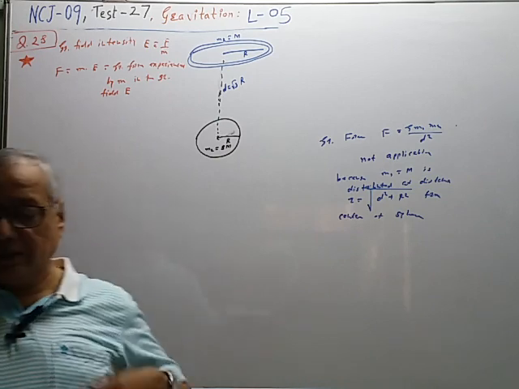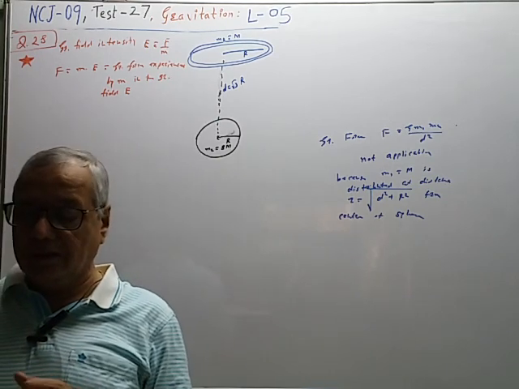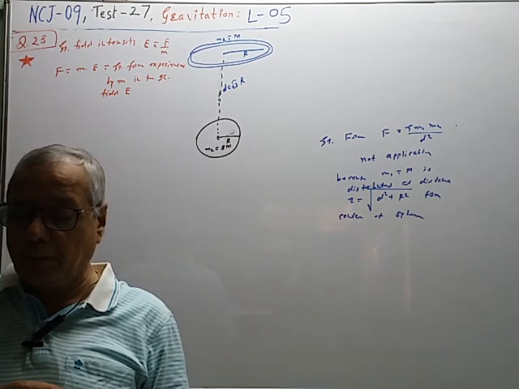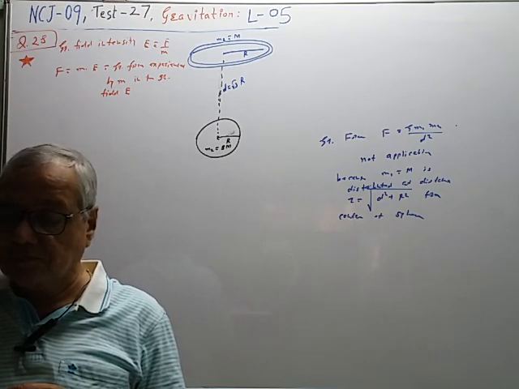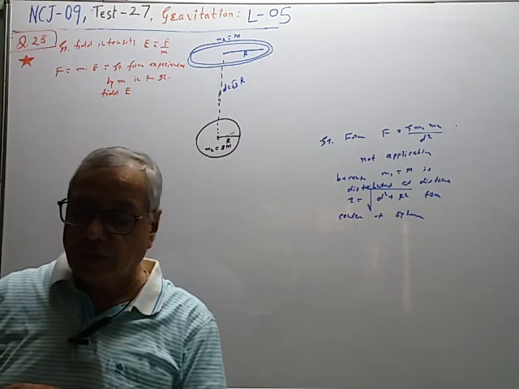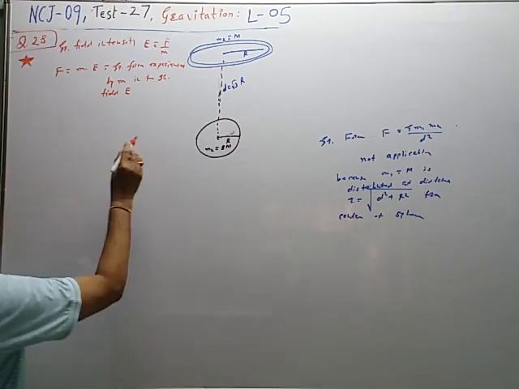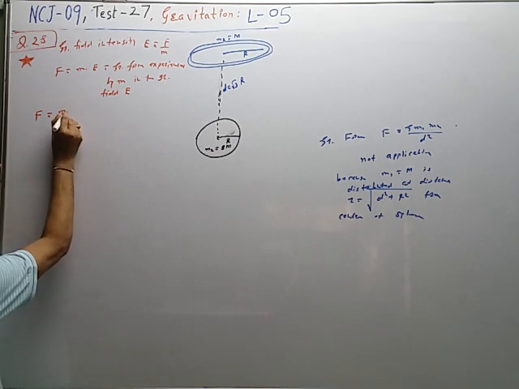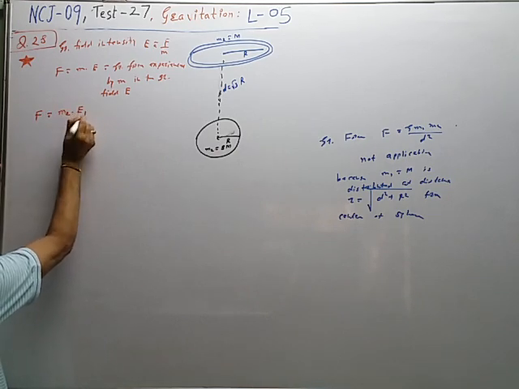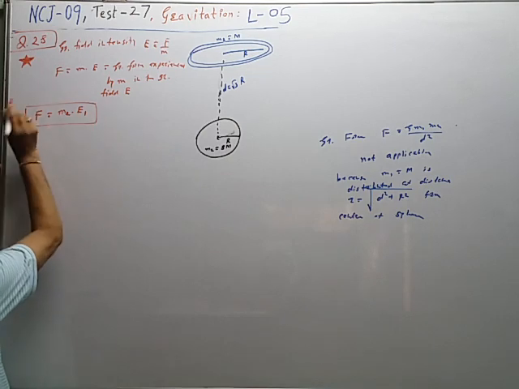So if we use the electric field produced by the ring, then this is given by F is equal to, it is the force experienced by M2. So F is equal to M2 multiplied by E1. This is the basic formula.